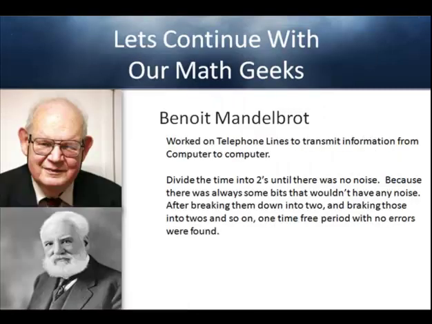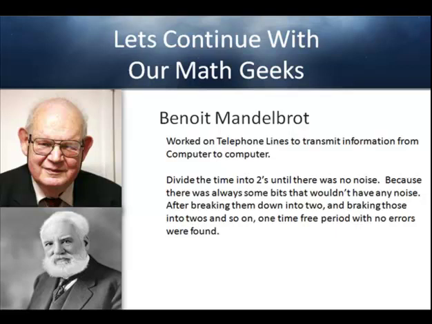So he used to work on telephone lines that transmit information from computer to computer. He divided the time into twos until there was no noise, and this is what a lot of you would remember as a Cantor set, because there were always some bits that would have no noise at all. After breaking them down into twos, and breaking those into twos, and those into twos, and on and on, one time-free period with no errors is eventually found, and you can use that to transmit data.